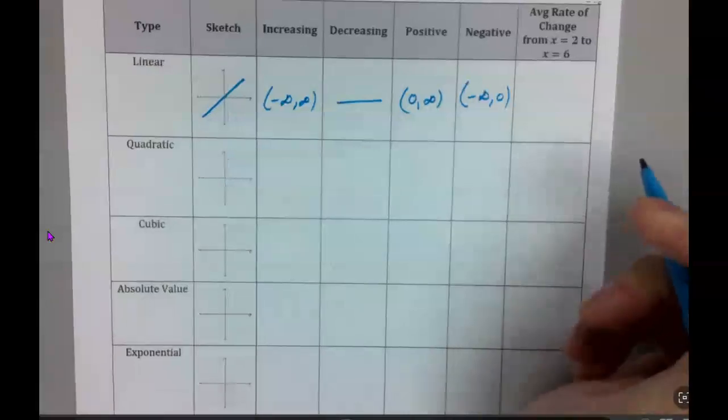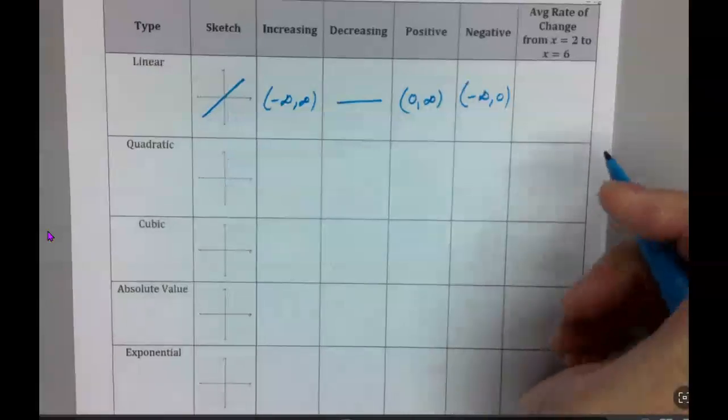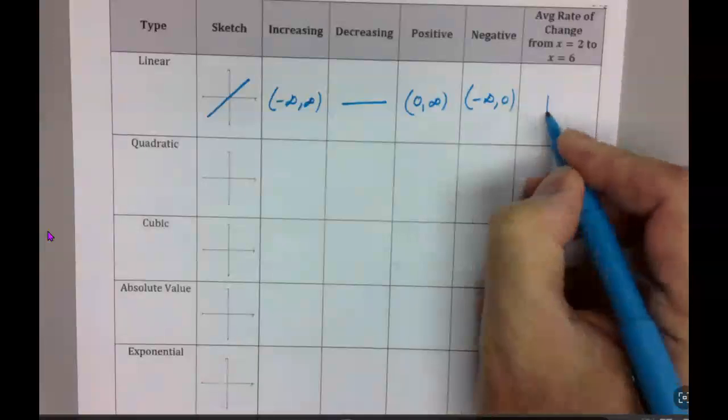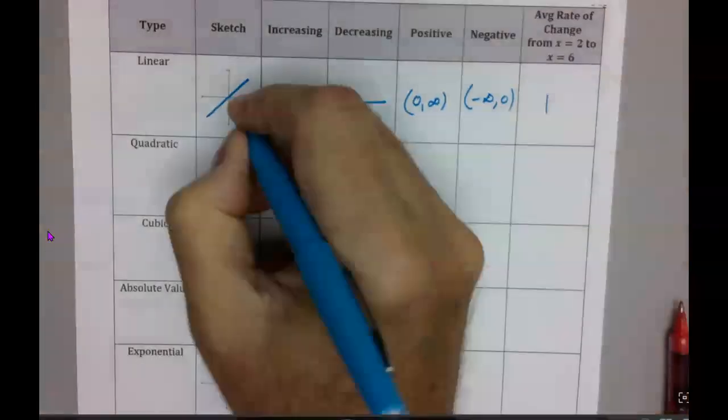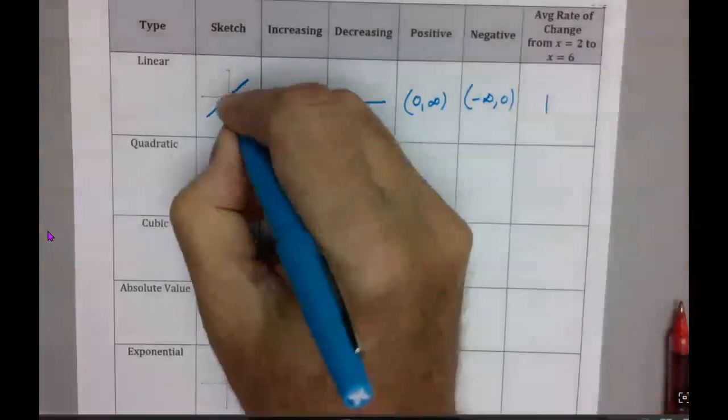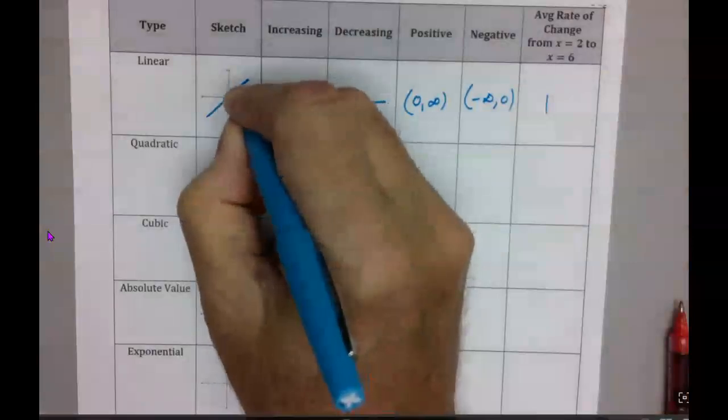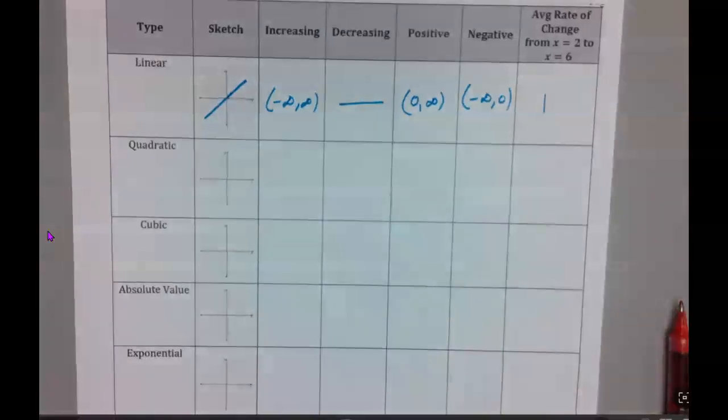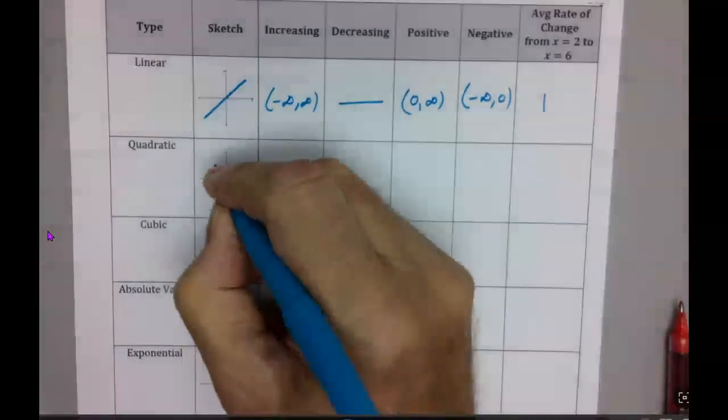The average rate of change would be 1. Because no matter what point you go, you're going to go up 1, but your y is going to be 2, 2, 3, 3, 4, 4, whatever. And when you subtract, you're going to get 1 over 1. Your quadratic looks like this.